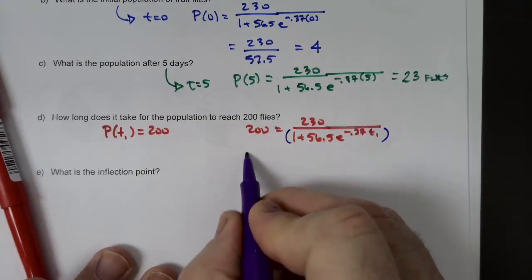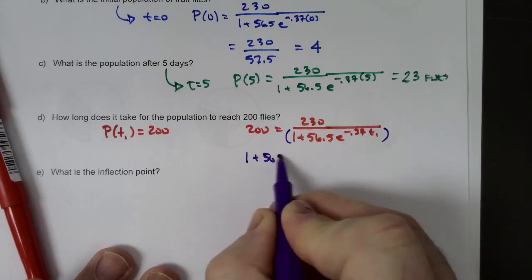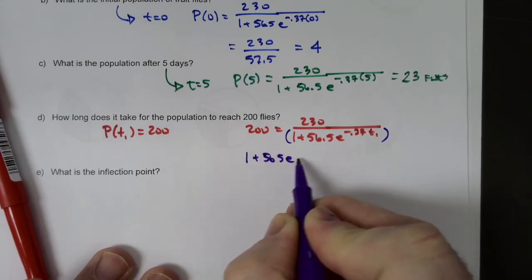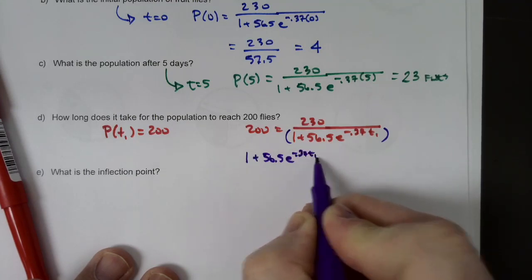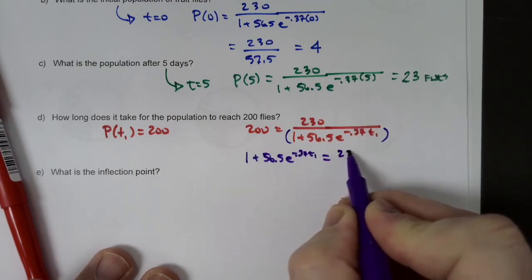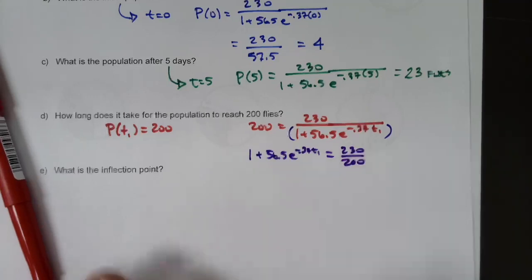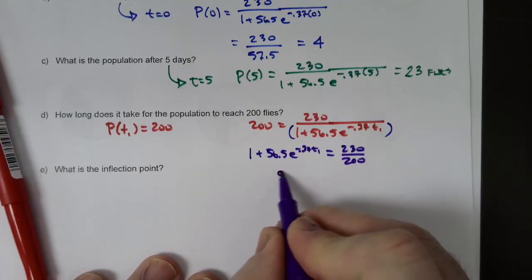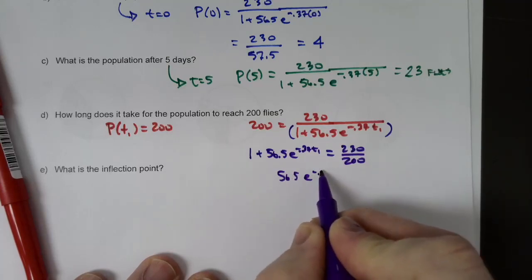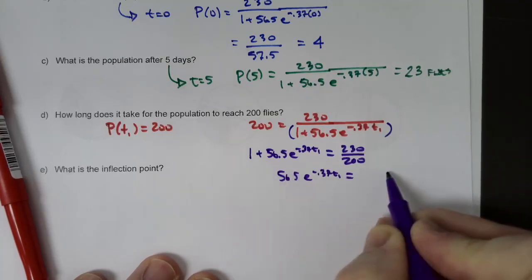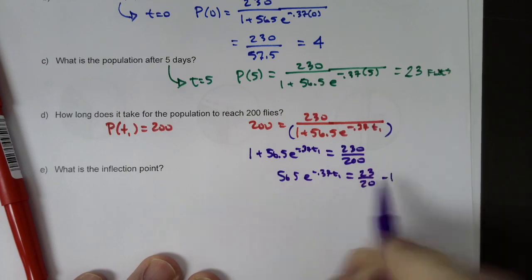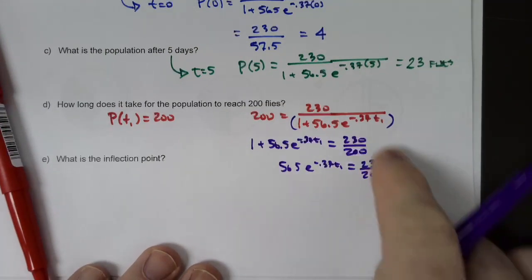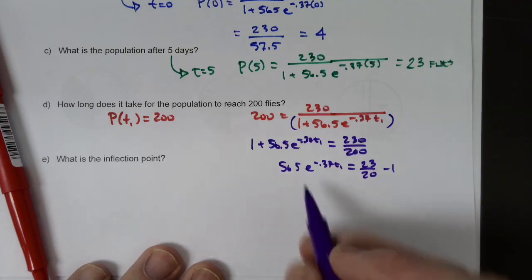The result will be 1 plus 56.5 e to the negative 0.37 t1 equals 230 divided by 200. 56.5 e to the negative 0.37 t1 equals 23 divided by 20 minus 1, subtracting that 1 from both sides and simplifying this just a little bit.